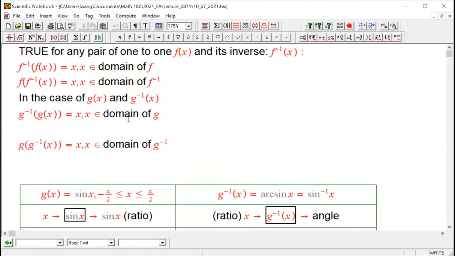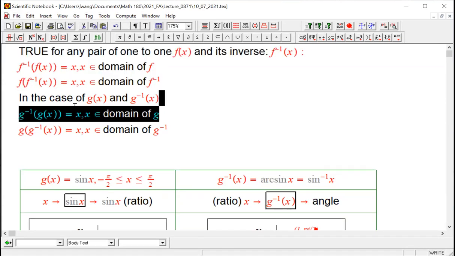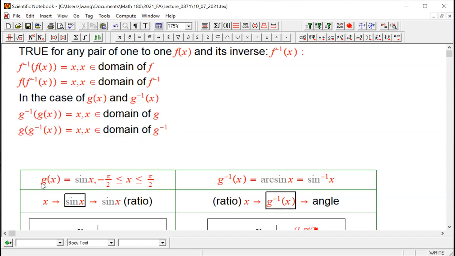So are we good? This is the general statement, always true. In the special case, it is also true. But if we apply what G actually is, what is G? G is sine of X. So X will be in the domain of G. What is the domain of G?